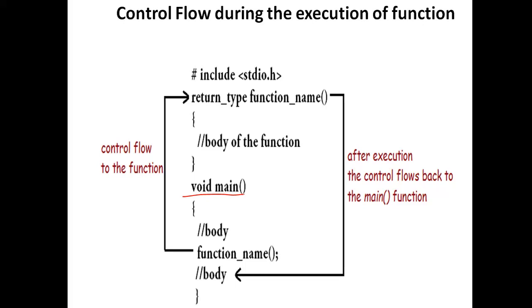So here the execution starts, and then we have the body, and whatever statements are there will be executed. Then the moment there is a function call, the control is transferred to the place where that function is defined, and then the function executes. After the function executes, the control comes back to the same line from where the call was made. Okay, it is something like this.